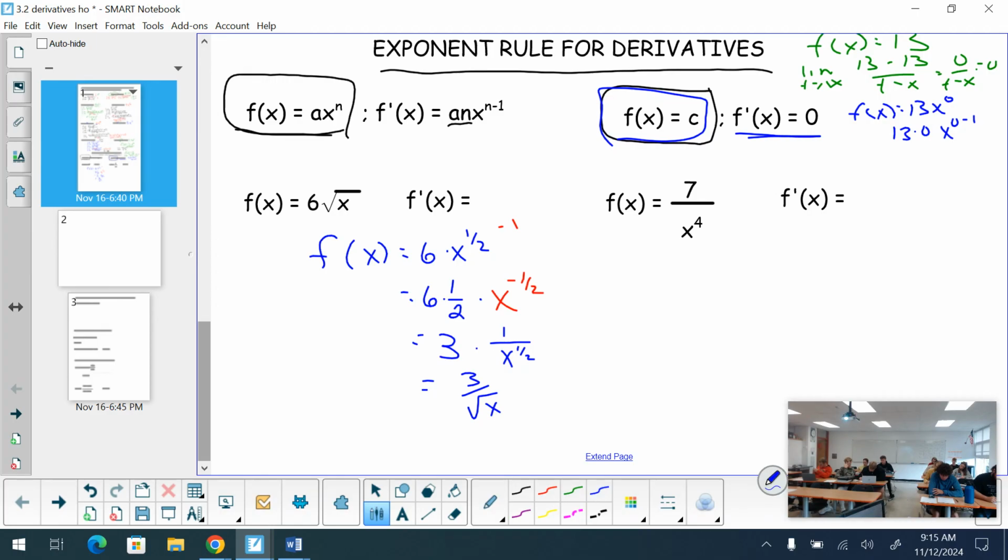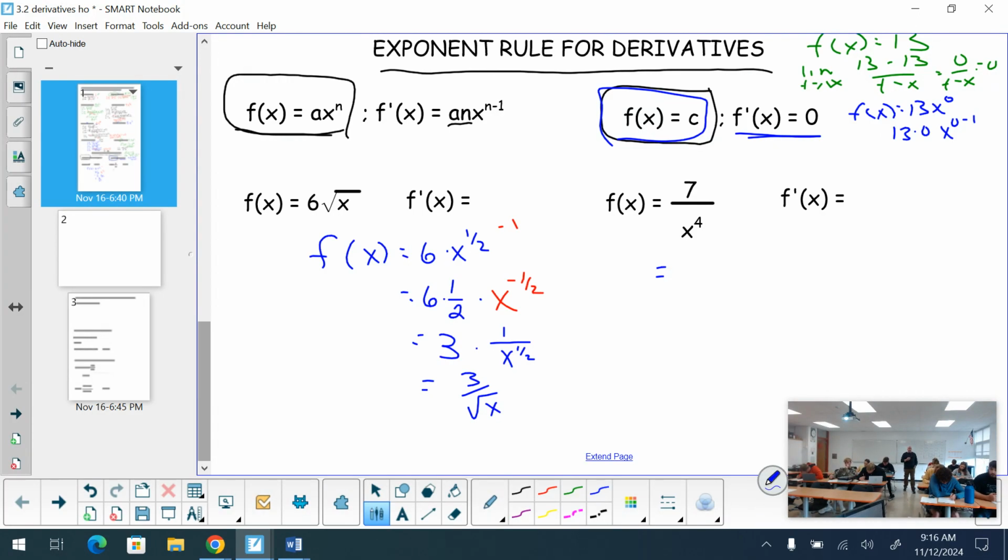Well, what if we have 7 over x to the 4th power? Need to take this and move it into an exponential form of a times x to the nth power. Well, this is a divided by x to the nth power. We need a times x to the nth power.